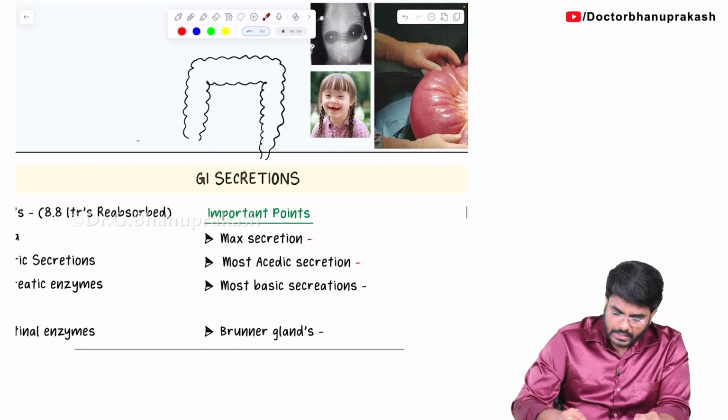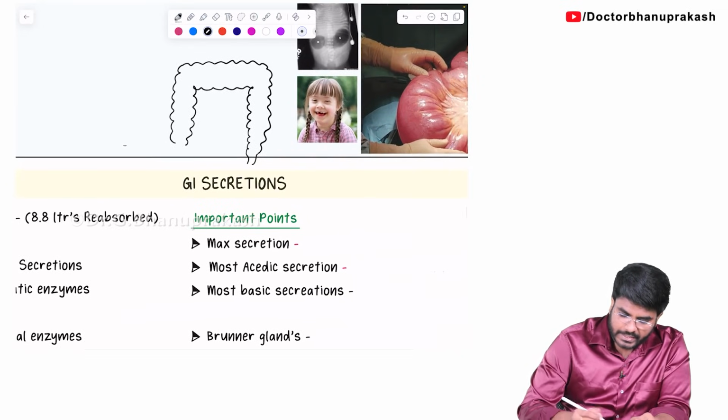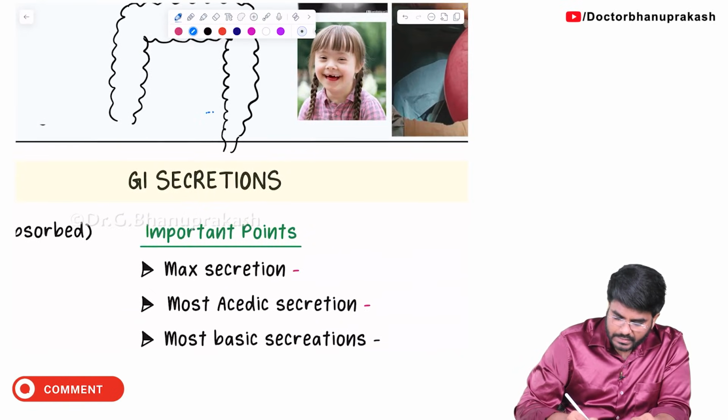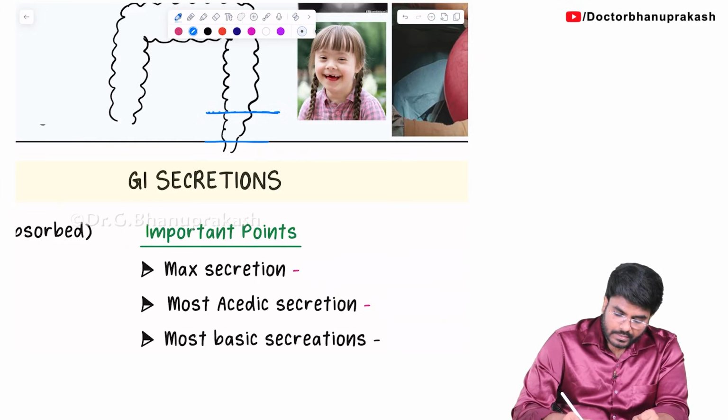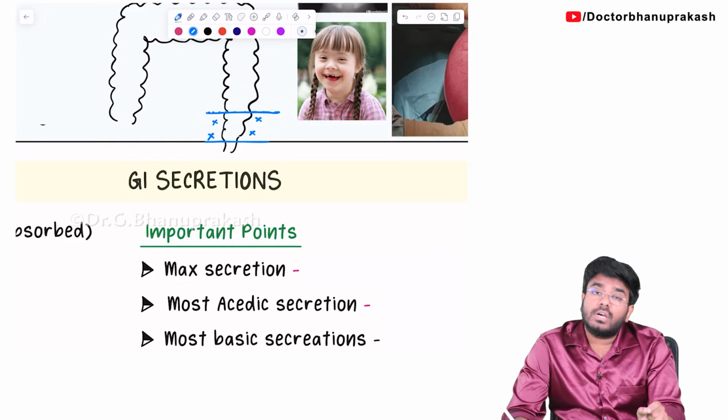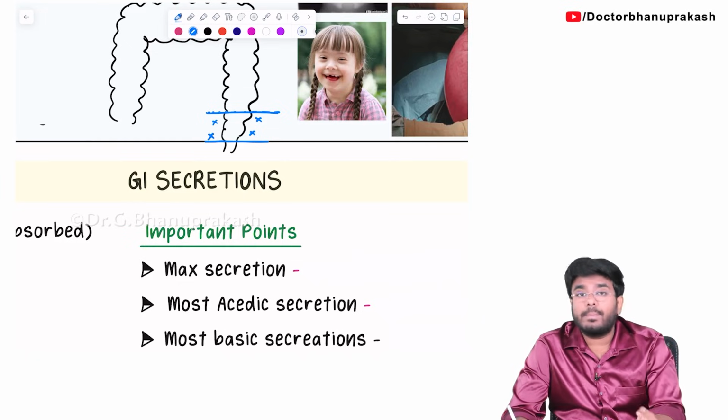Now, in the last part of the GIT, say I am taking a segment in this area, there is absence of both the Meissner's plexus and the enteric plexus.